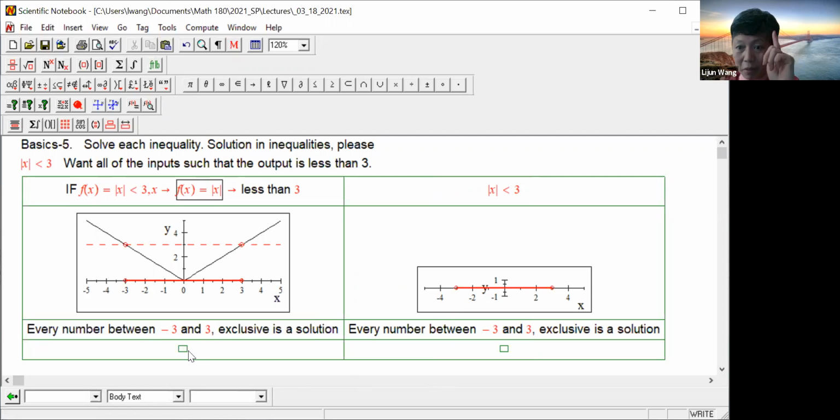Now, the mathematical form. The mathematical form is -3 less than x, and x is less than 3. That's the solution. This is the solution your math professors are dying to see. I don't know why we see all these other complications.